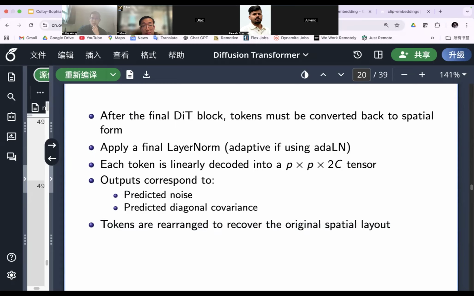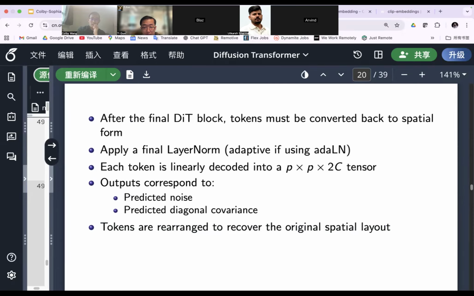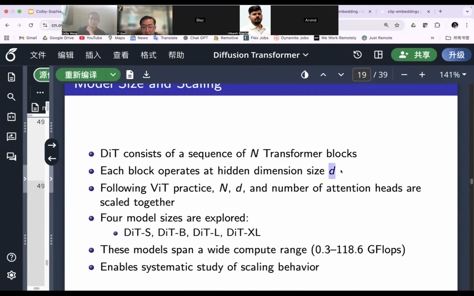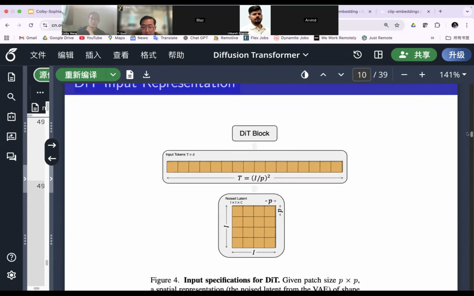Tokens are rearranged to recover the original spatial layouts, because we rearrange the tokens and then we have the image. For the decoding, remember that we converted each token to a size of 384 dimensions, and then we have to convert it backwards to get back the image.